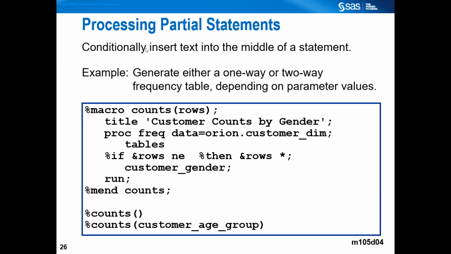So it conditionally inserts text into the middle of your statement. You generate either a one-way or a two-way frequency table depending on parameter values.